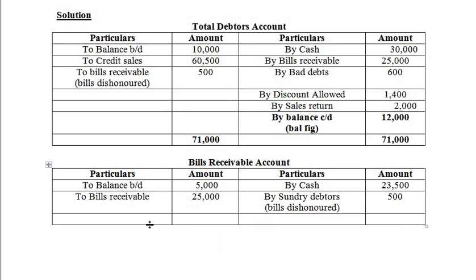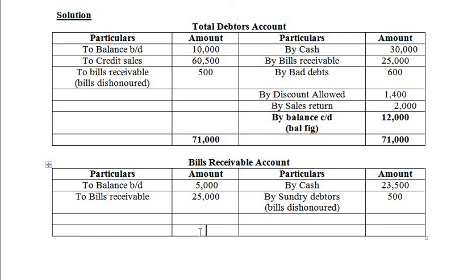Let's deal in terms of bills receivable account. Anything else that is to be taken in case of bills receivable account? No. So total it out. What is the total? 25,000 plus 5,000, so it is nothing but 30,000.